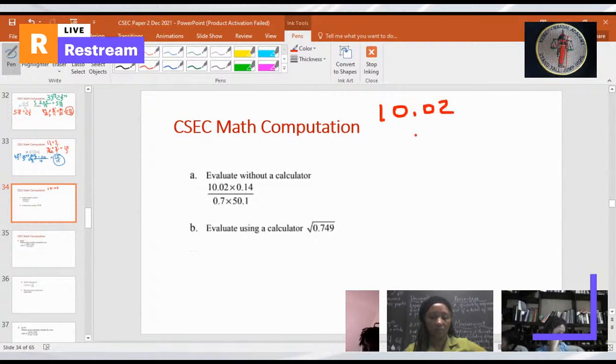times 0.14. So Miss, first you do 4 times 2. And then 4 times 0. So how much is 4 times 2?